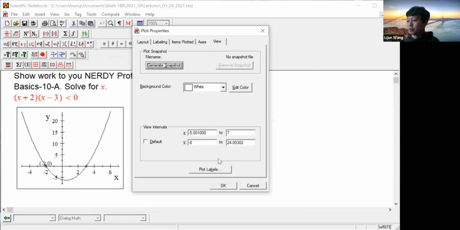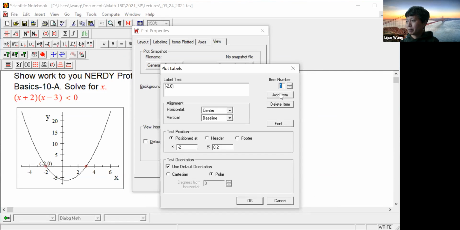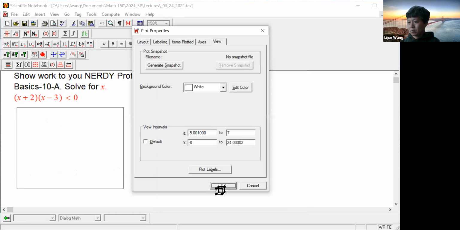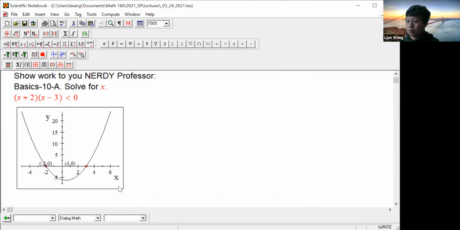Okay, you mark these 2 points on the graph. Oh, wrong place.